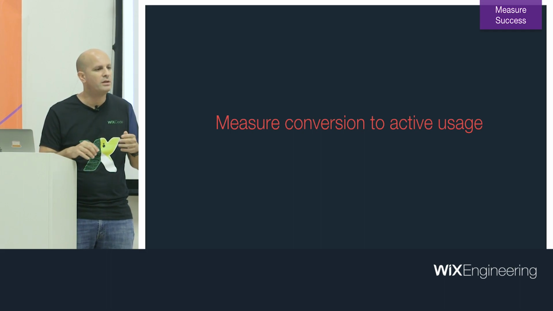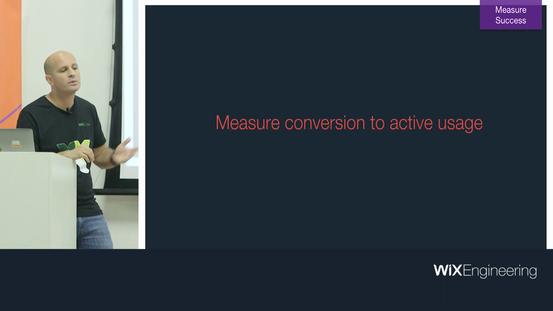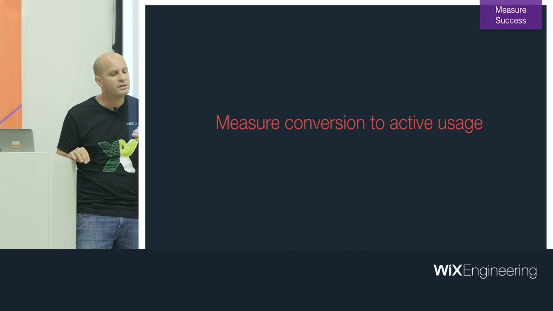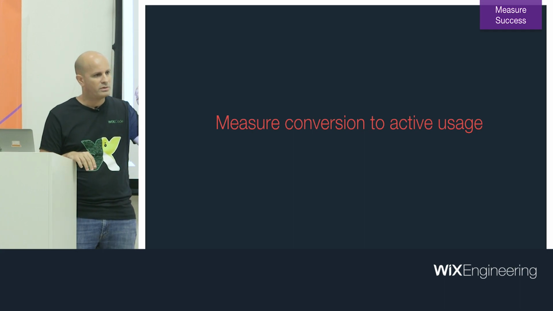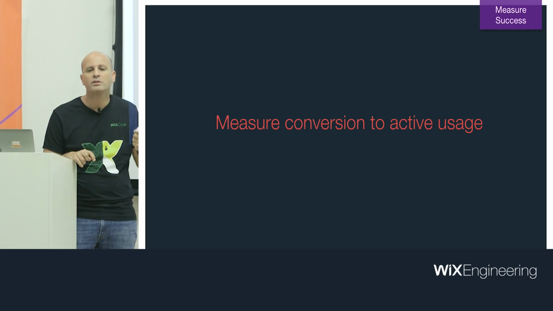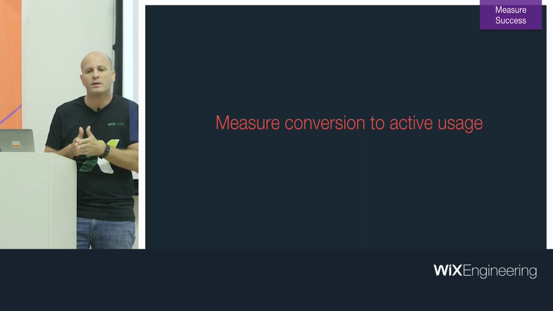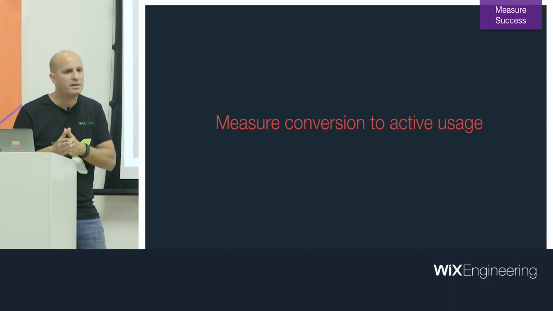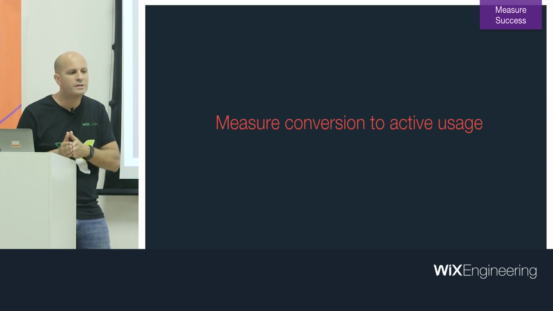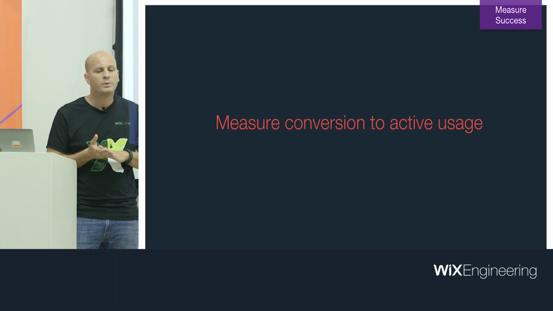But at the end, they'll leave because, I don't know, maybe they didn't find the API good enough for them. Maybe the developer experience was not good enough. You need to understand how many developers start using your API, sign up for the developer program usually, and how many of them at the end have a real, active system working. How many of them, for example, switch from the test account to the live account.